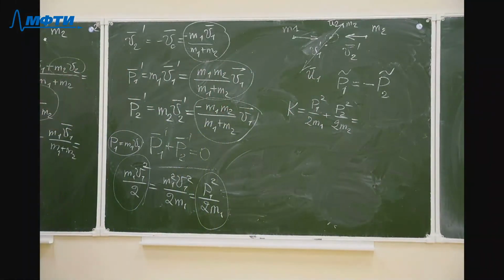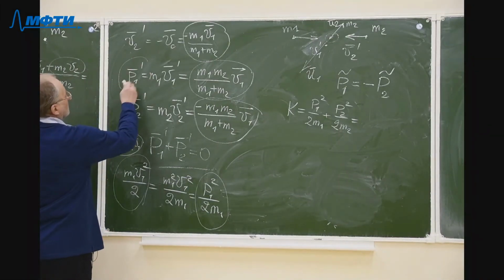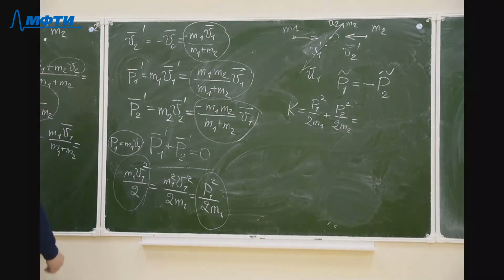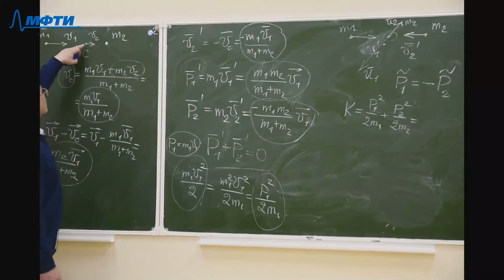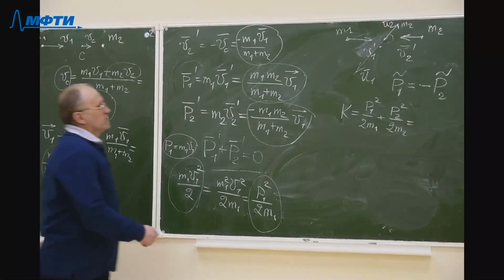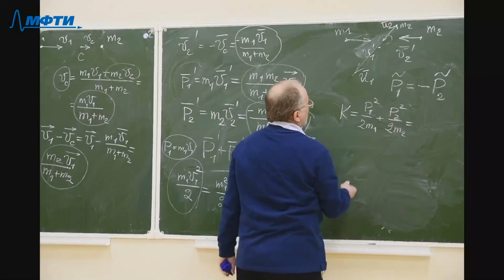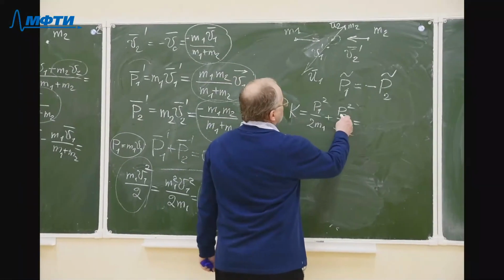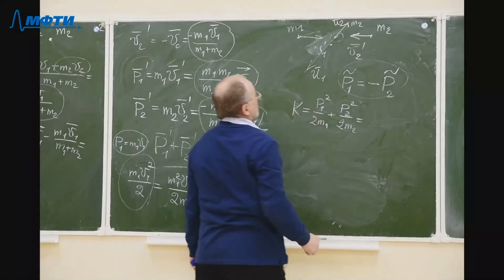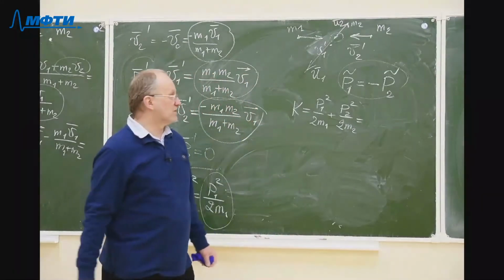now look here, before the collision the momentum of this particle was equal and oppositely directed to the momentum of the second particle, because we are in the center of mass reference frame. So these two momenta are equal before the collision as well as after the collision, because we are in the center of mass reference frame.